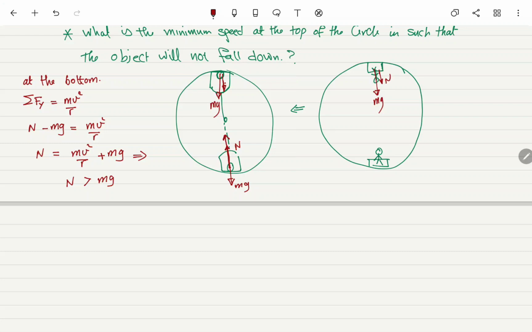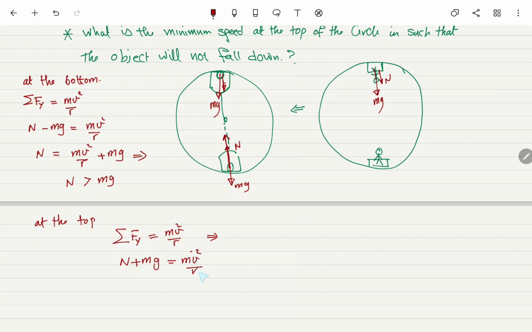Sum of all forces at the top: the sum of all forces on y equals mv squared over r. Now both the normal force in this situation and in this situation, in both cases, N plus mg equals mv squared over r, both of them directed to the center with the acceleration.